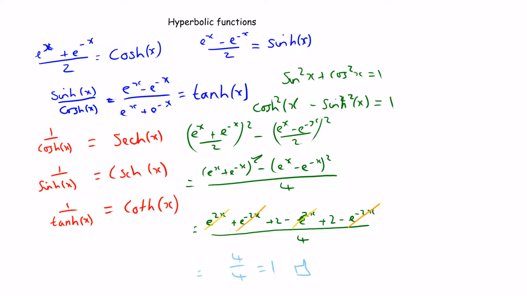So if we clear the text, there is an identity for the sine of x plus y, which is equal to sine x cos y plus sine of y cos x.